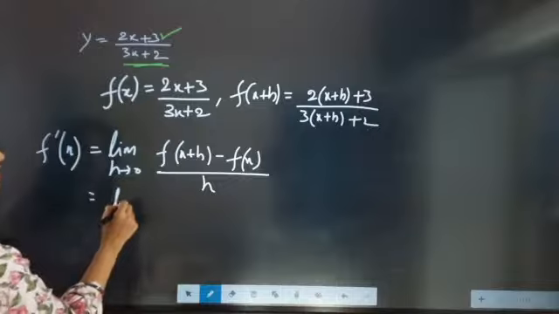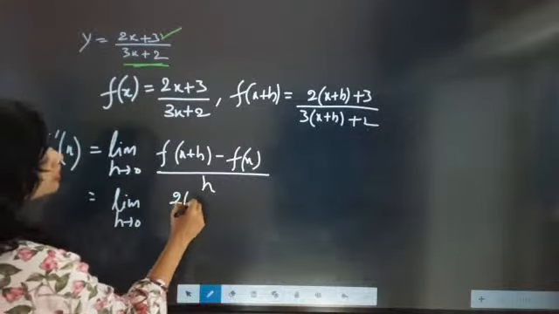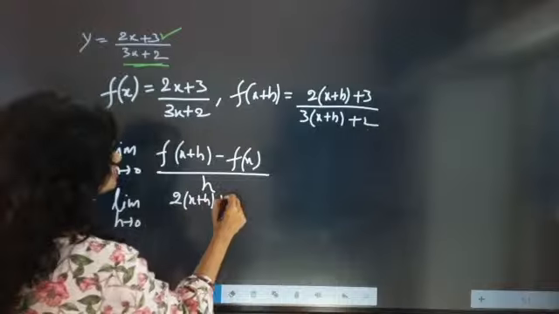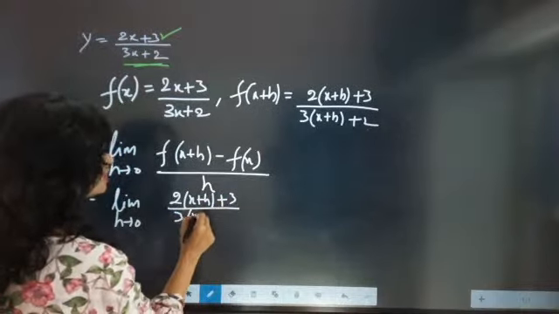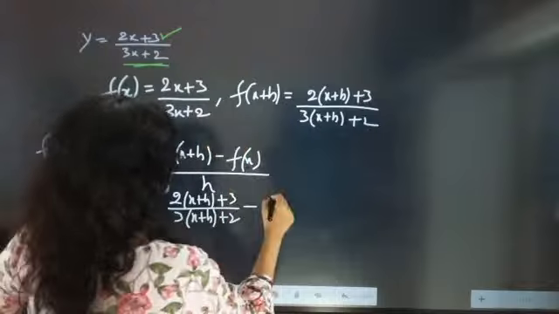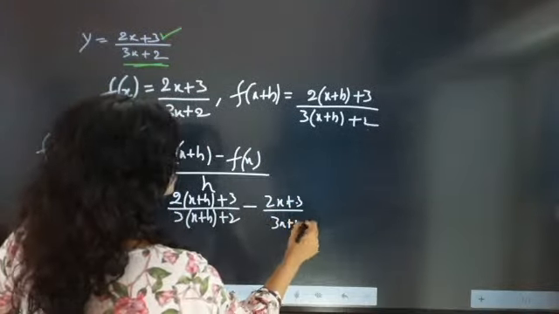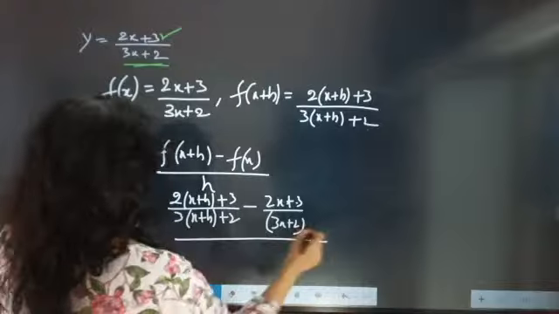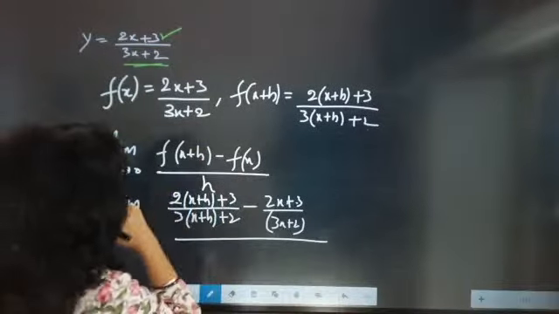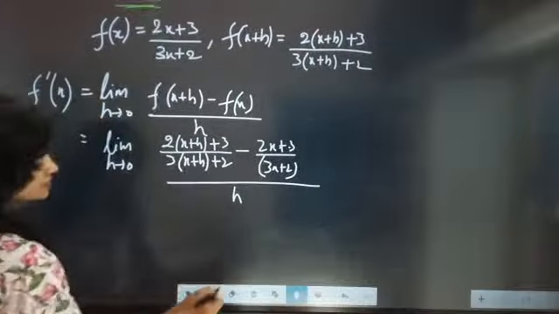So this is limit h tends to 0, f of x plus h, it will become 2 times x plus h plus 3 by 3 times x plus h plus 2, minus this part we are going to write 2x plus 3 by 3x plus 2, by h, the denominator part is exactly going to come as h only. Now take LCM.